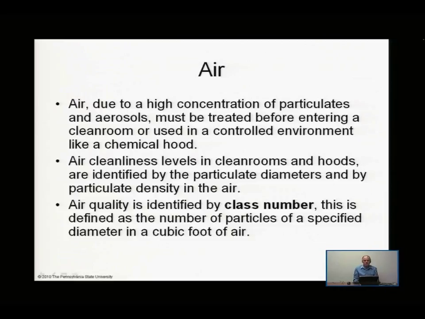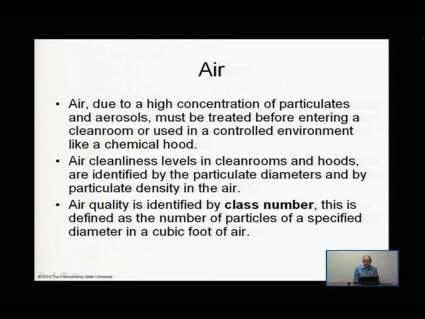Air cleanliness levels. So we really need to keep air clean. We need to be able to talk about how clean the air is, whether it's being used in a clean room or a hood, wherever it's being used. We must be able to quantify how clean the air is. And that's done by talking about the particulate diameters in the air and by talking about how many particulates there are per volume, say per cubic foot, per cubic meter, whatever.